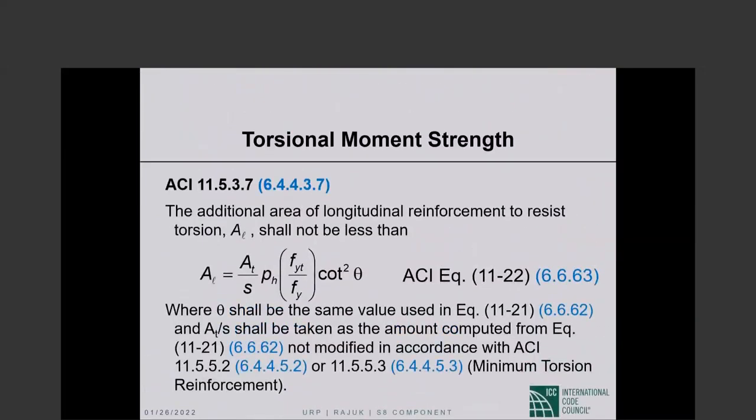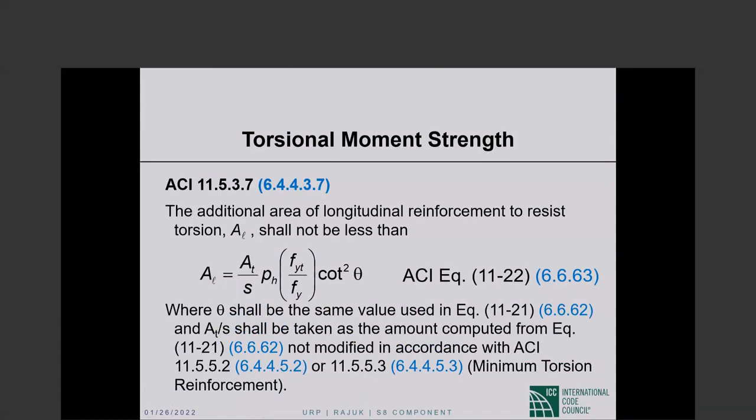Okay, so A sub L is given by this expression. Theta shall be the same value that we talked about before, between 30 and 60 degrees, typically taken at 45 degrees for non-pre-stressed members. And A sub T over S shall be the same value used in the computation of T sub n.